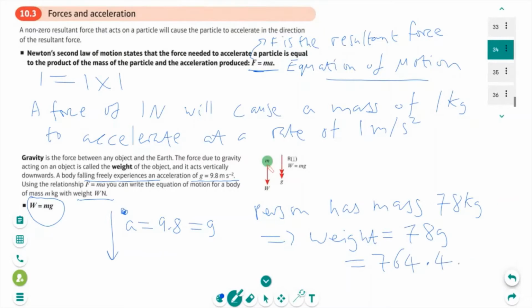Strictly speaking, because we're using g to 2 significant figures, if you follow the book method, you would have to give your answer to 2 sig figs. So to work out something's weight, you multiply the mass by the value of g, which is 9.8. Don't get mixed up with grams.